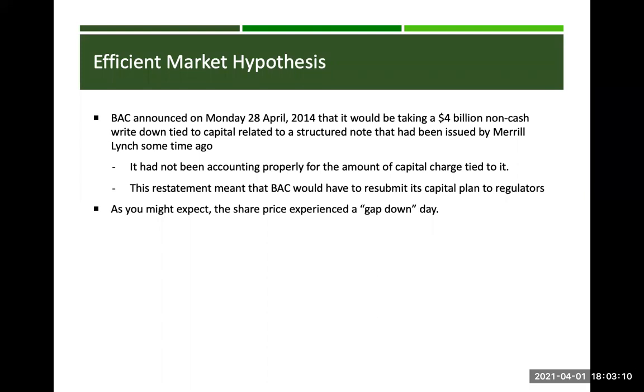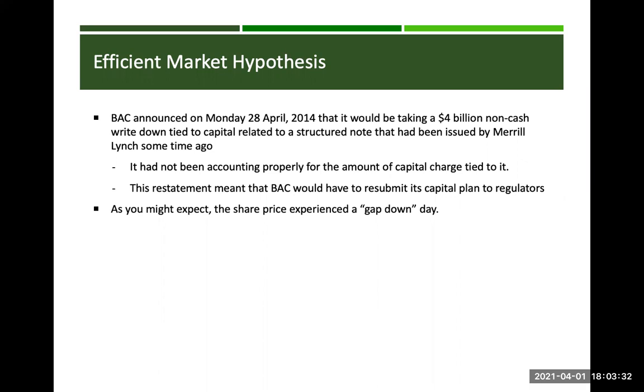And so Bank of America had to go back, restate their capital, rerun all of their stress test results using their new estimates of their capital at that point, resubmit it to the Federal Reserve, resubmit their capital plan to the Federal Reserve, and hope that they would approve it.